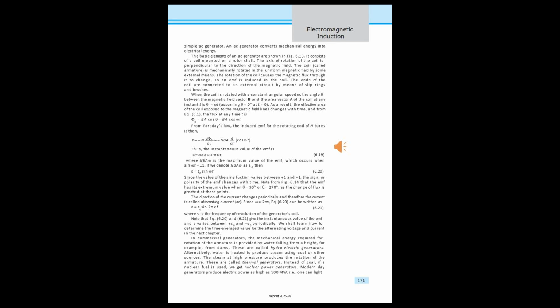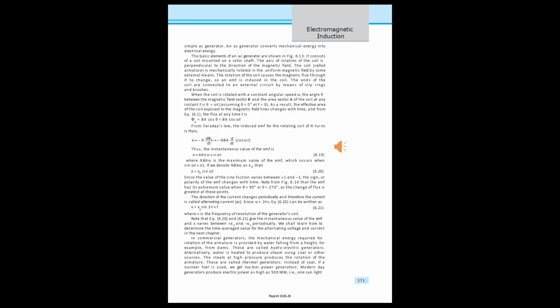From Faraday's law, the induced EMF for the rotating coil of N turns is then given by equation 6.19, where NBA omega is the maximum value of the EMF, which occurs when sin omega t equals plus or minus 1. If we denote NBA omega as epsilon naught, then we get equation 6.20.